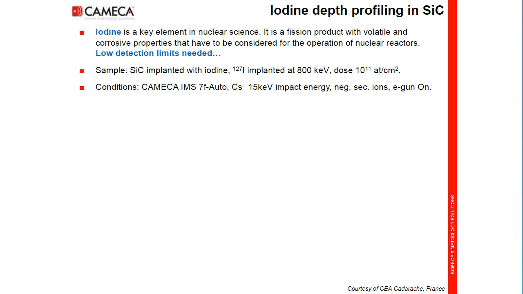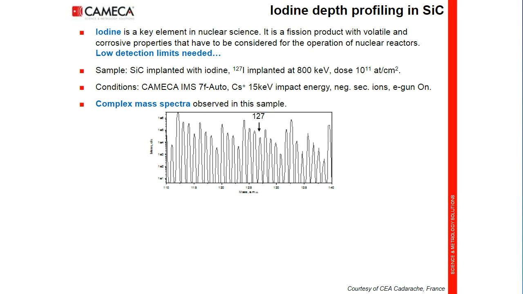To start with, a mass spectrum analysis was first performed around the mass corresponding to the implanted iodine species, mass 127. Data show a complex mass spectrum with relatively high signal intensity at every mass unit, indicating the presence of mass interferences.